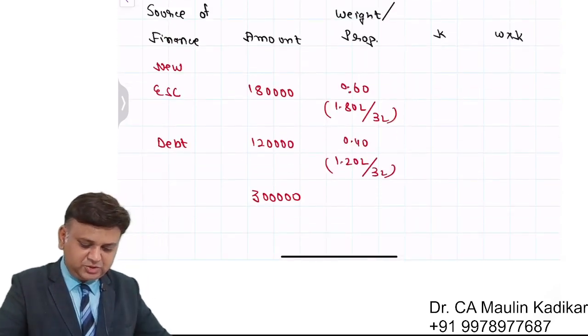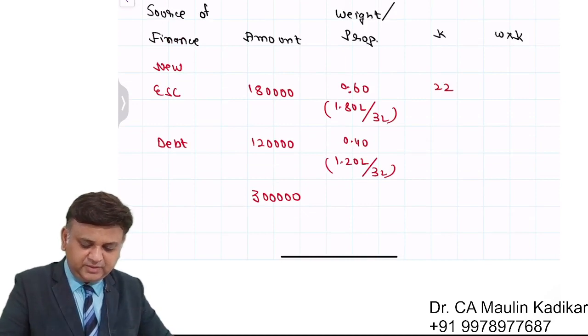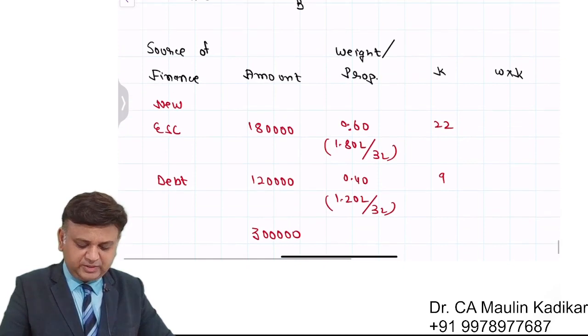Multiplying with the respective cost. For equity it is 22 and for debt it is 9. This is the way we are required to compute the answer.